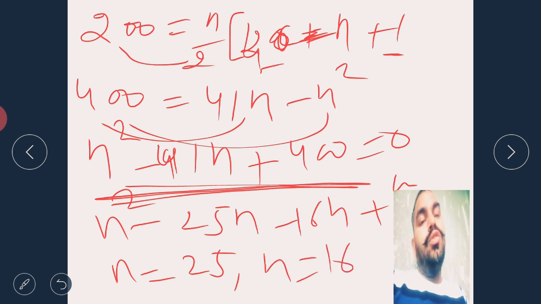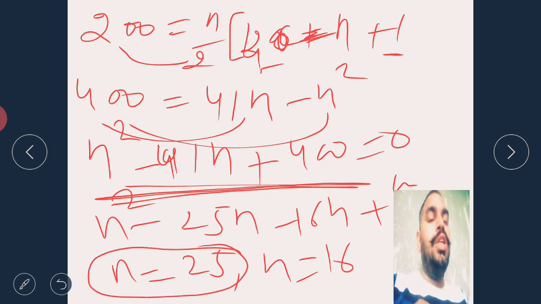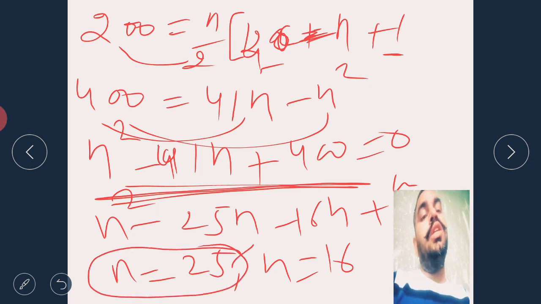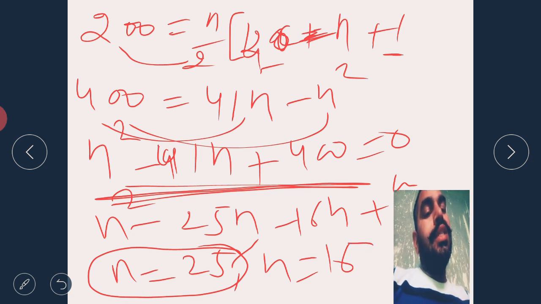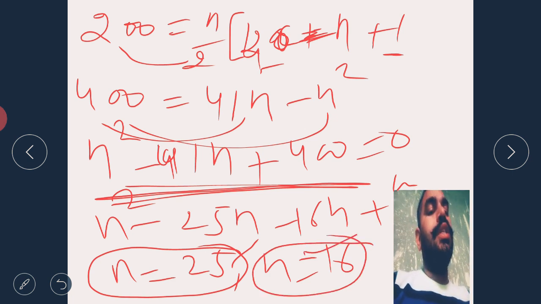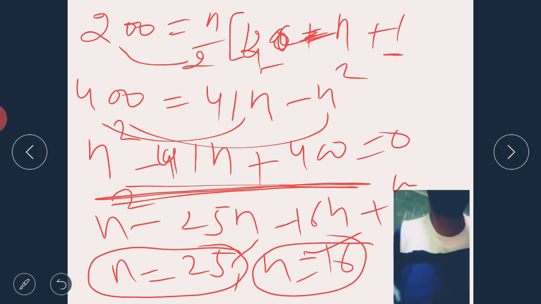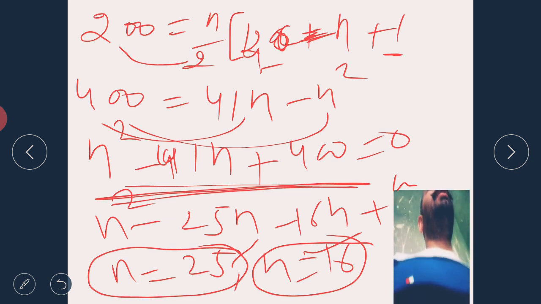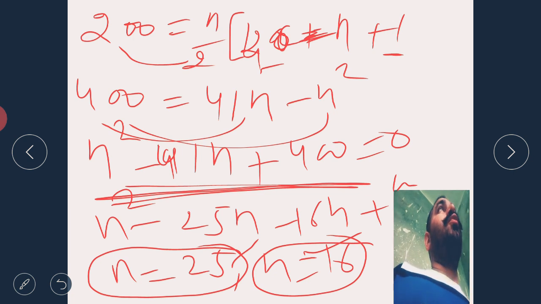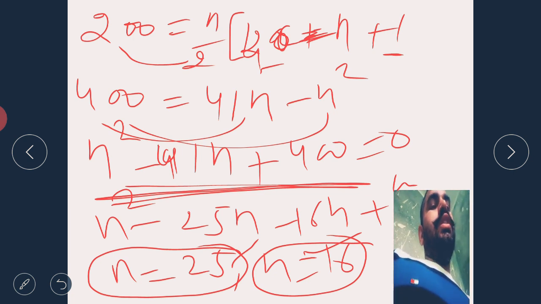So n 25 value is not possible. Why not possible? You give me the answer. So n 16, so number of rows is 16. So find the number of logs in the 16th row. So how you can find out? Put an at term, an is 16, so a plus 15d.